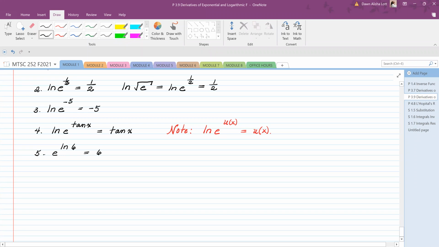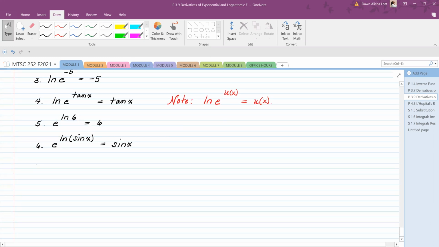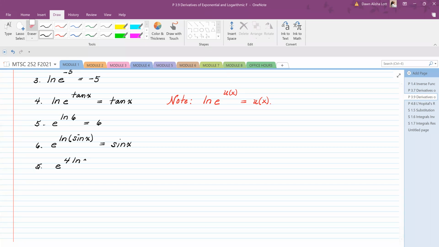So that's just going to give me 6. e to the natural log of the sine of x is the sine of x. This is where life can get difficult. e to the 4 times the log of 2.